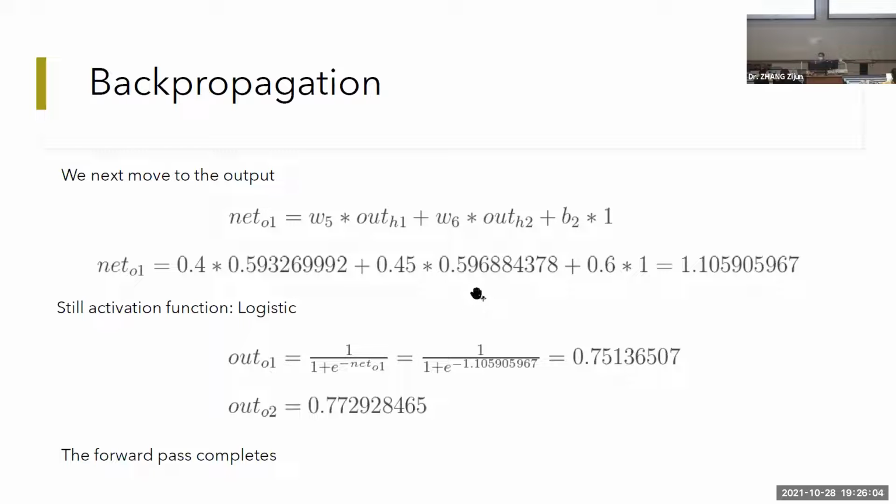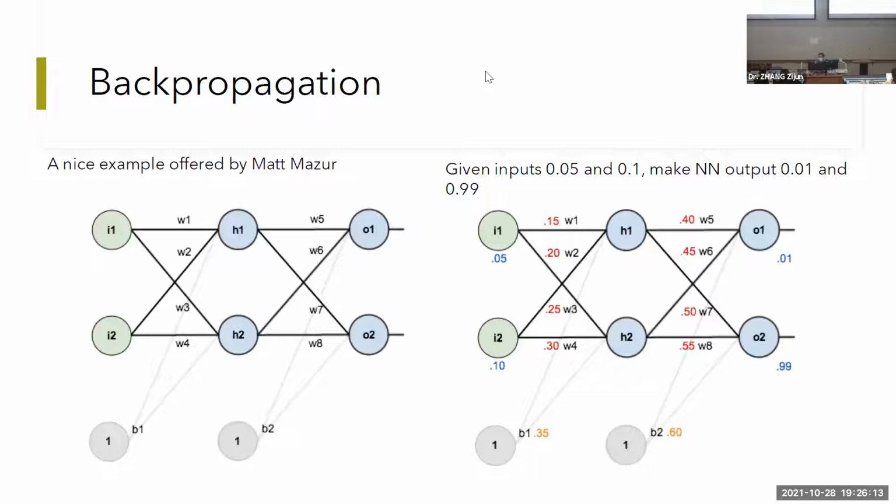All right, now we get the outputs from the hidden nodes. Things get easier. We just move forward. We consider this part now. We have the value estimated here. We want to forward it to the upper node based on the next level of connections.